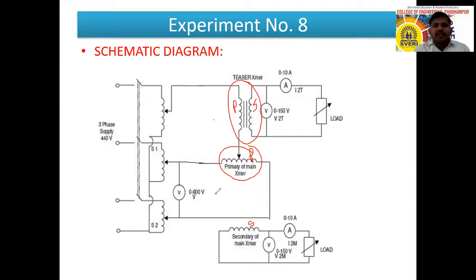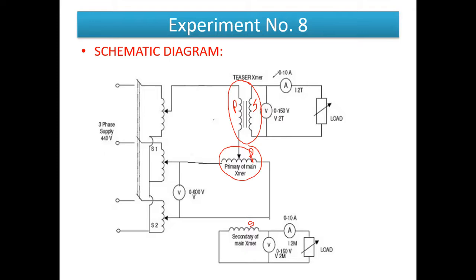For the Scott connection we require two single phase transformers. One is called the teaser transformer, the second is called the main transformer.